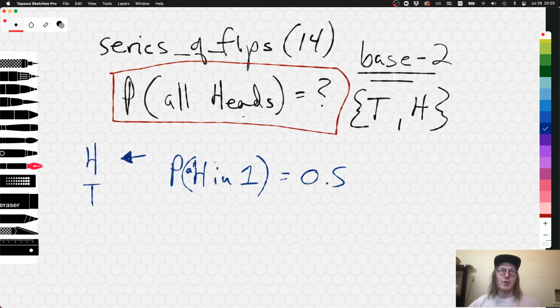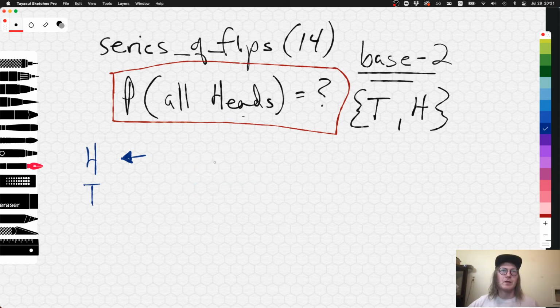So what about the probability of heads in two coin flips? So let's think about that. Two coin flips, well, what are the different ways we can do that? We can get heads, heads, heads, tails. Well, why don't I do it like this, since I started that? Tails, tails, tails, heads, heads, tails, heads, heads.